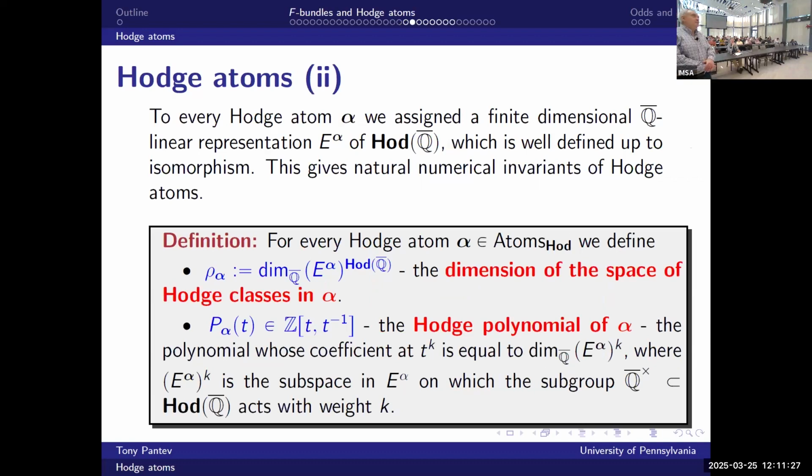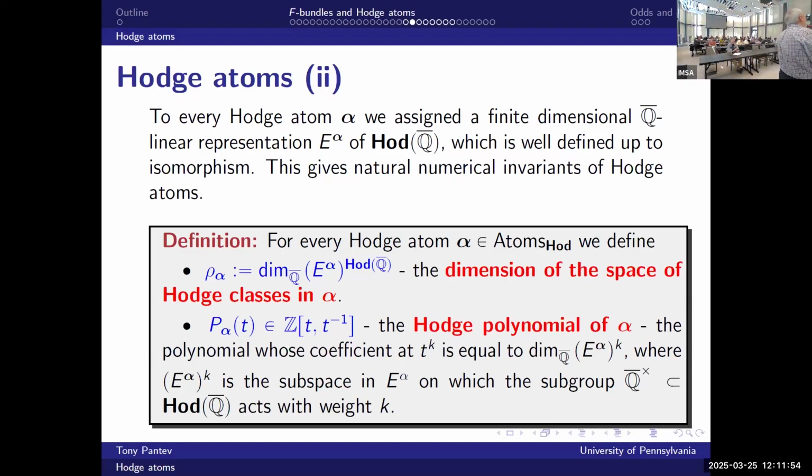Now, how do you use it? So every Kontsevich atom came by this construction with a finite dimensional Q-bar linear representation of the Mumford-Tate group. And really, its isomorphism class depends only on the atom. And then you get numerical invariants.